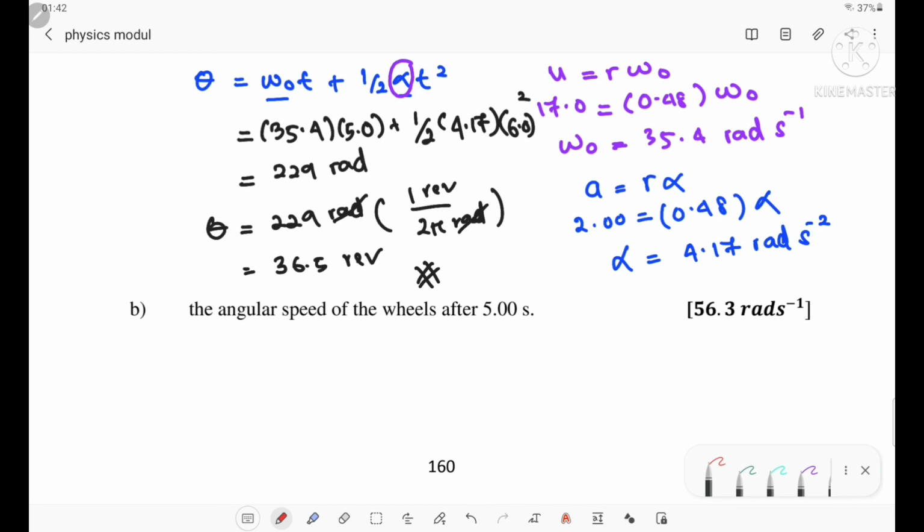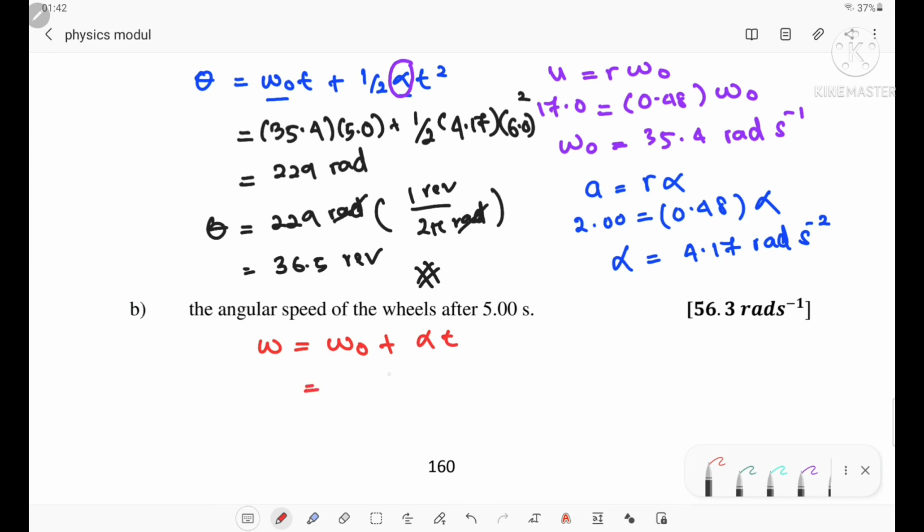For question B, calculate the angular speed of the wheel after 5 seconds. For this question, we use the equation omega equal to omega naught plus alpha t, and then substitute the value for omega naught.